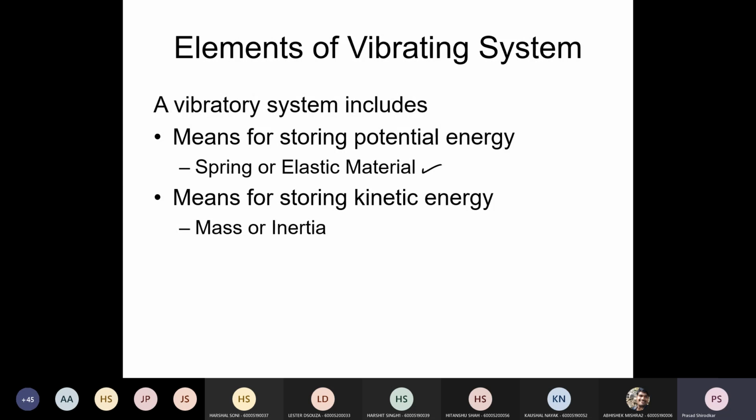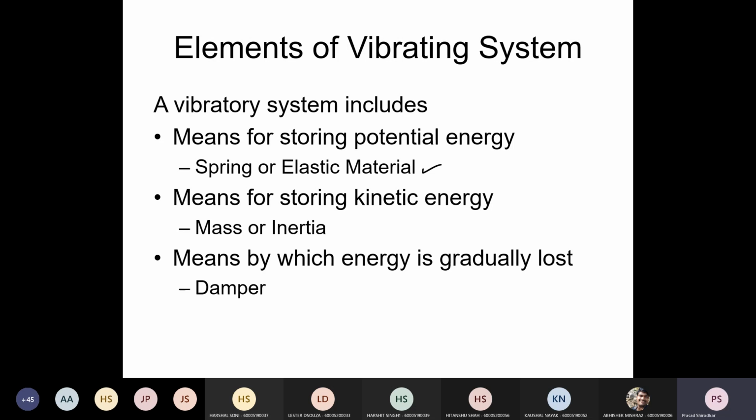That is accomplished by this third element, called the damper. So these are the three basic elements of any vibrating system: a spring, mass, damper system. So a vibrating system is called a spring, mass, damper system. All right. Any questions?